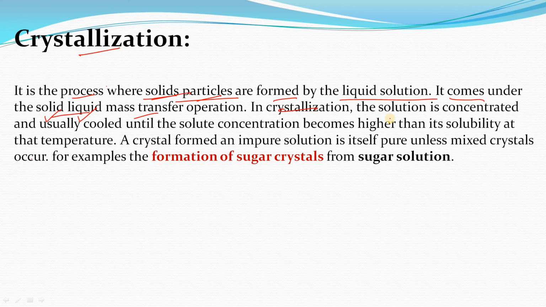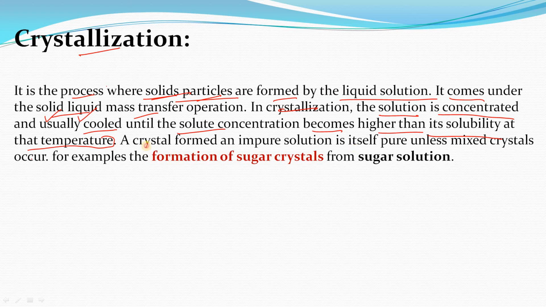In crystallization, the solution is concentrated and usually cooled until the solute concentration becomes higher than its solubility at that temperature. What does that mean? It means we concentrate the solution to increase the concentration to get the crystals, and then we cool it to get those crystals at room temperature.